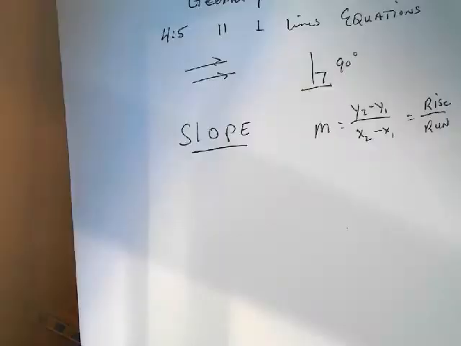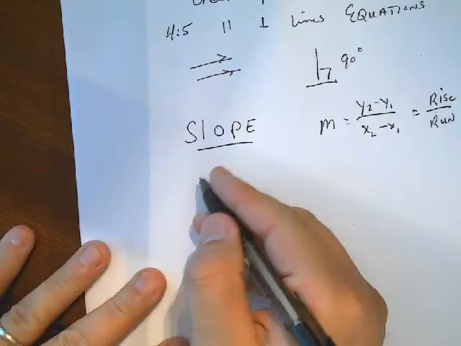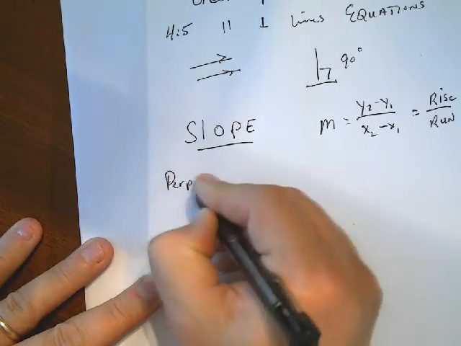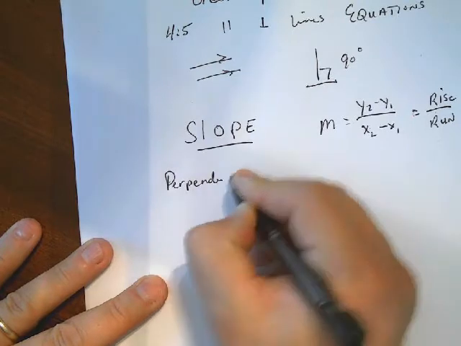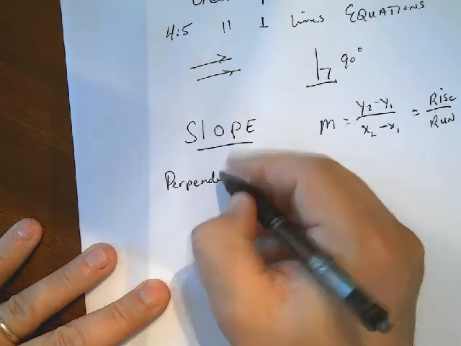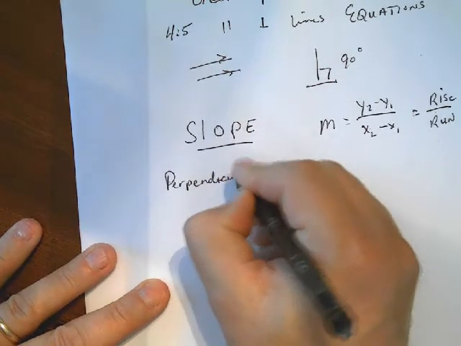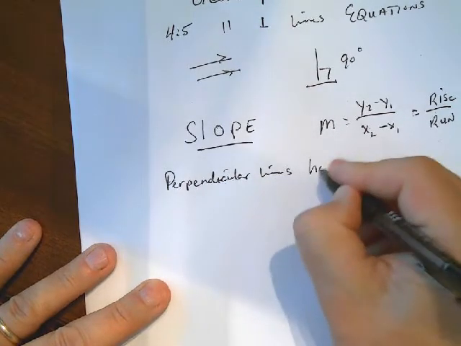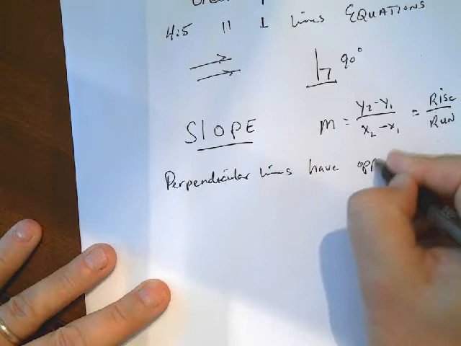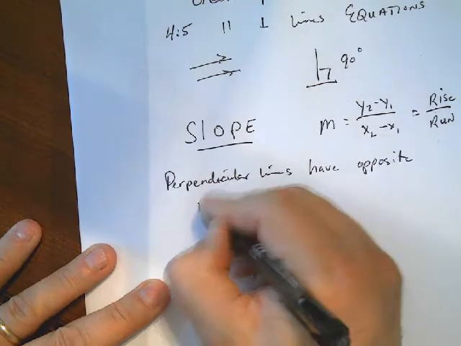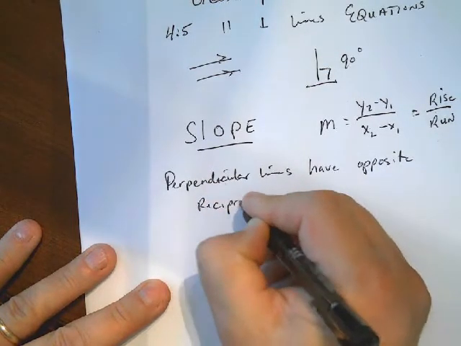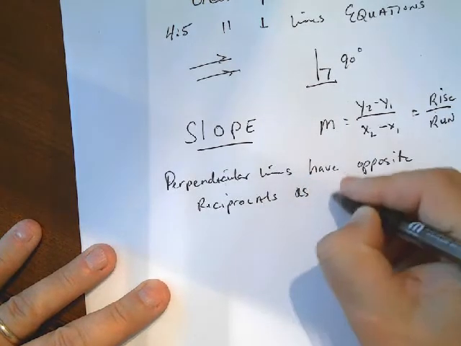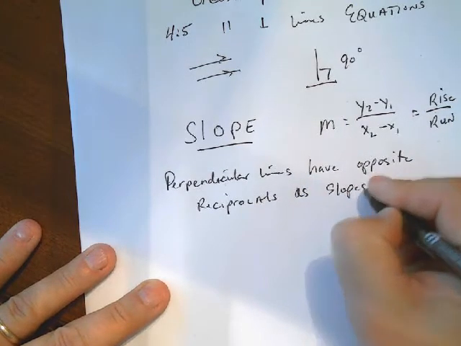All right, so in section 4.5, we talked about parallel, but perpendicular lines have opposite reciprocals as slopes. Okay, so what does that mean?